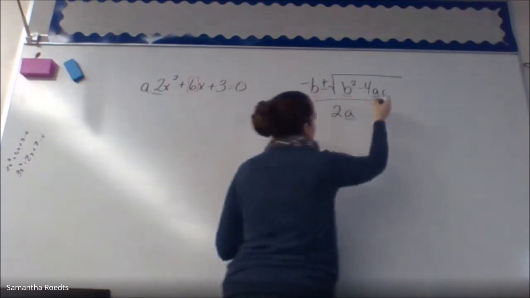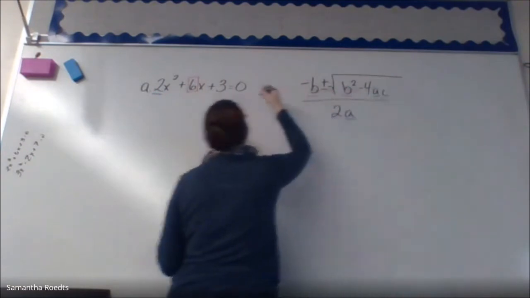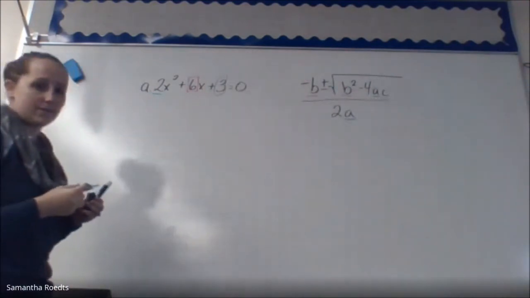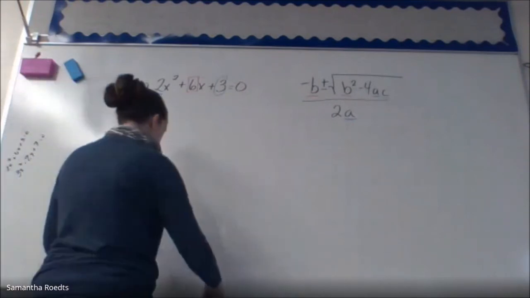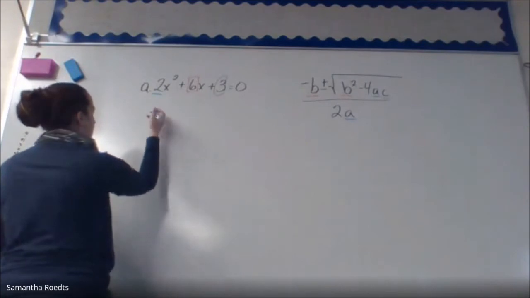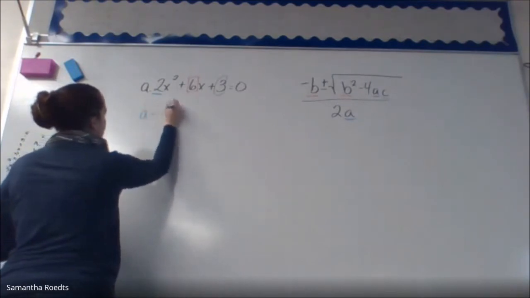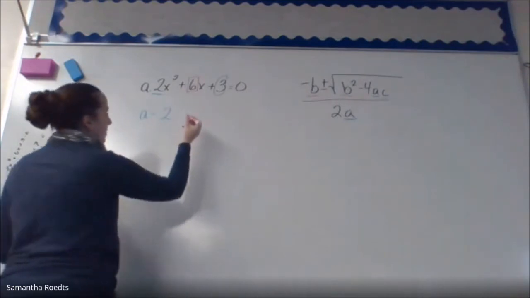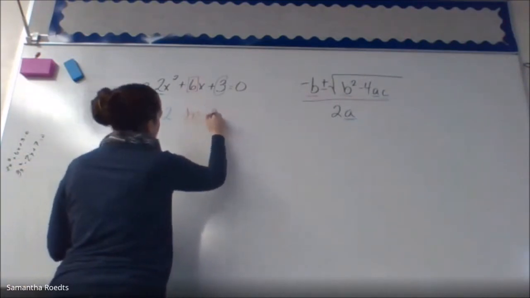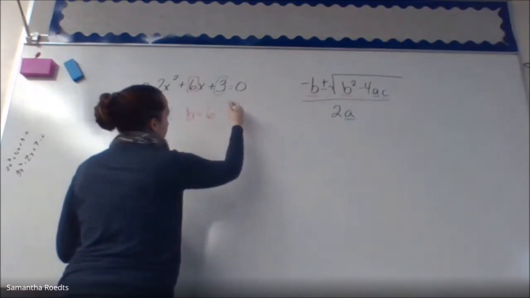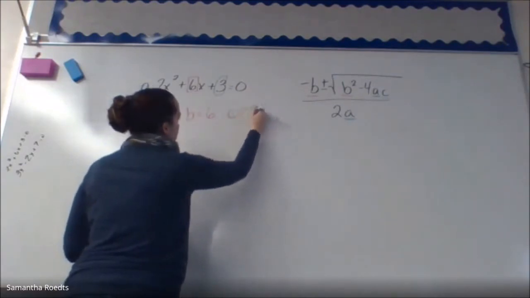And then my c value is 3. Okay, so a equals 2, b equals 6, c equals 3.